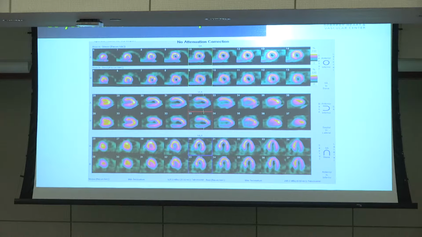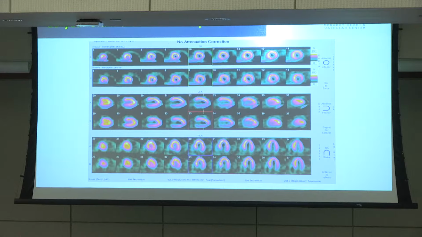When you have this, the differential is one of three things. It could be scar, it could be an attenuation artifact, or in fewer cases, as yesterday we saw one in the PET lab, it can be resting ischemia. Hibernating myocardium, resting ischemia, could potentially give you that.